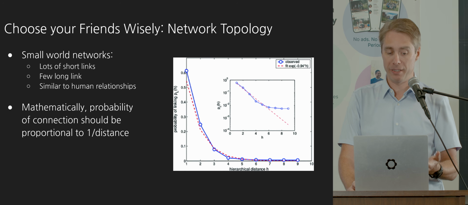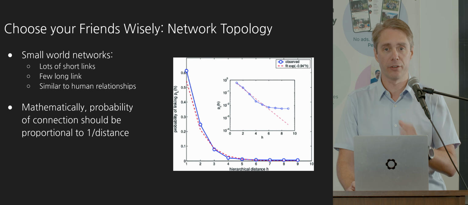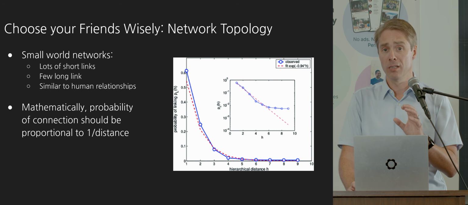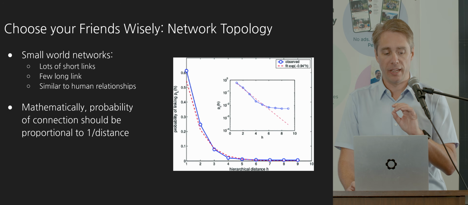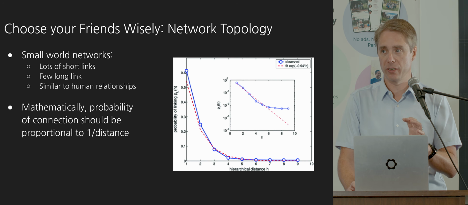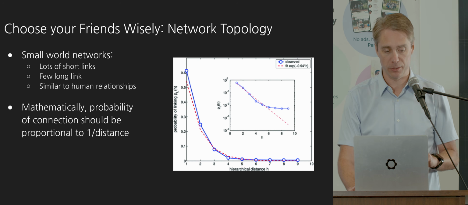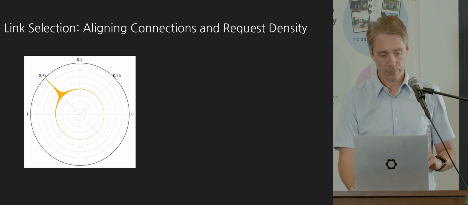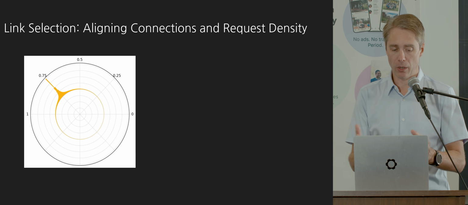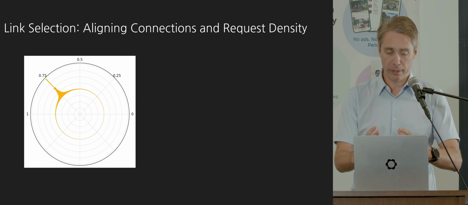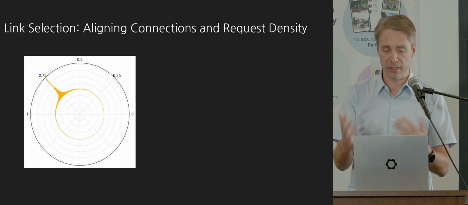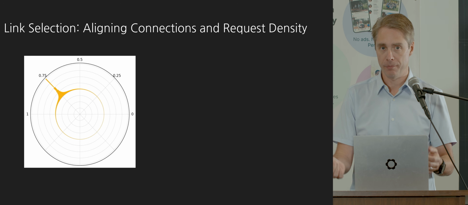But we understand the mathematics of this pretty well, and we understand that the optimal small world network is when the probability of a connection existing between two peers is proportional to 1 over the distance between them. A peer has a location and it's receiving requests from other peers.